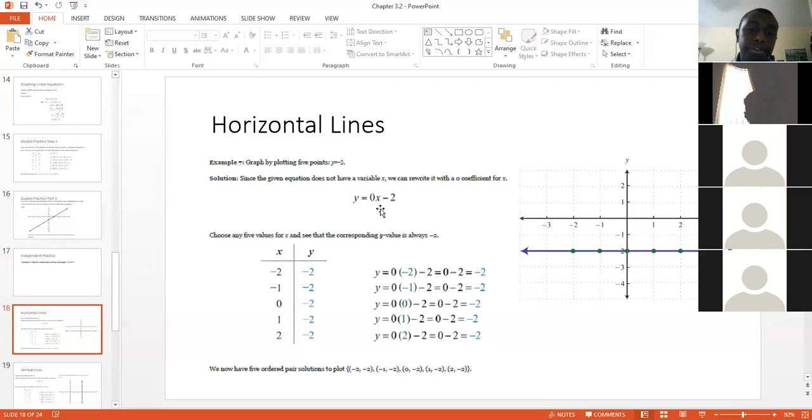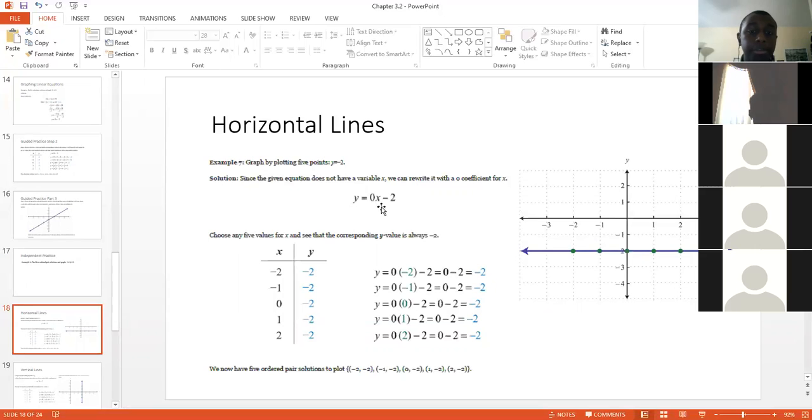There's no variable x here. So what you can actually do is write 0x minus 2. When you have 0 in front of something, anything times 0 is 0, so it becomes obsolete. So you don't need it. But here we're gonna add a 0x so that we can see that it's still a linear equation.